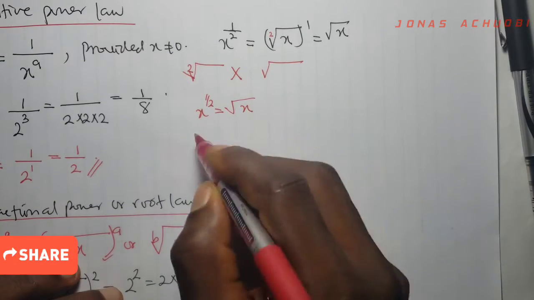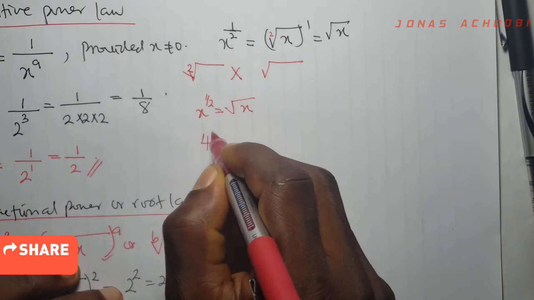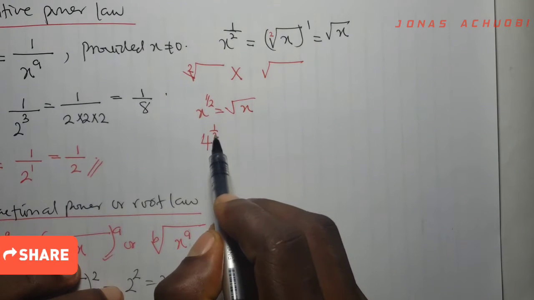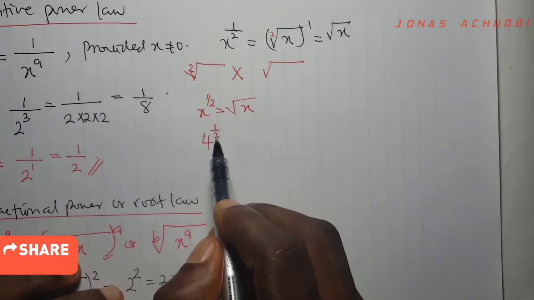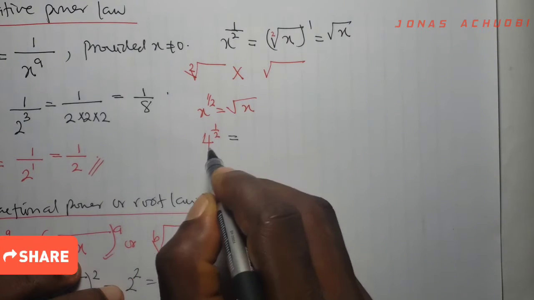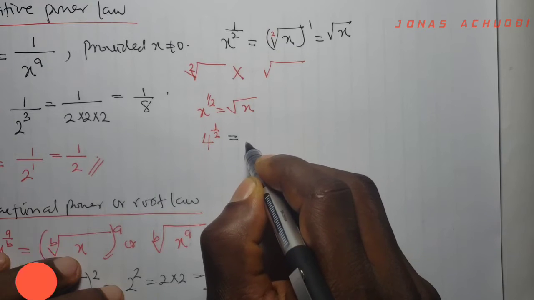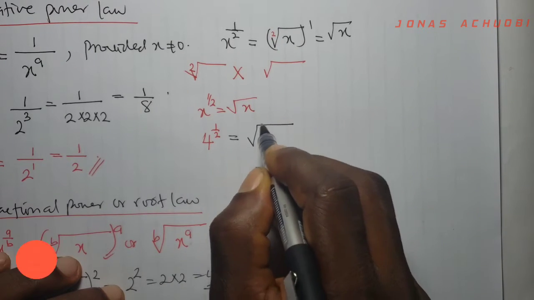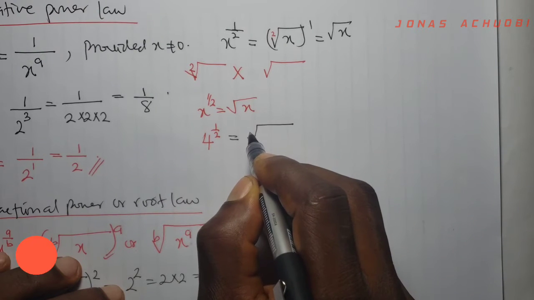Take for example, if you are asked to simplify, say, 4 raised to the power 1 over 2. Clearly, the power here is a fraction, so we must apply the fractional index law, or the fractional power law, here. So the denominator is 2. So that is, we have our square root sign here. We should have put 2 here, but since this sign already stands for square root, we can't put 2 here anymore.